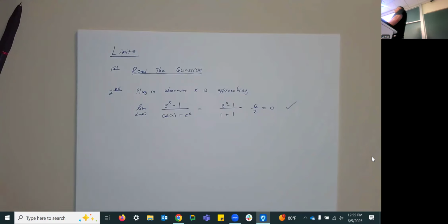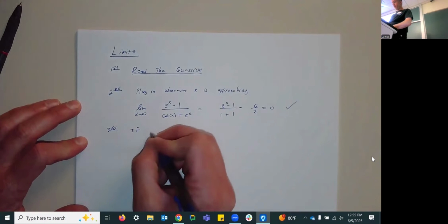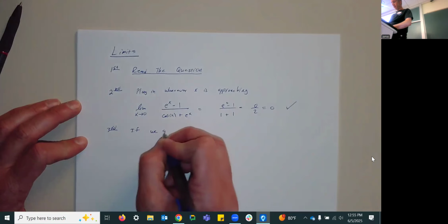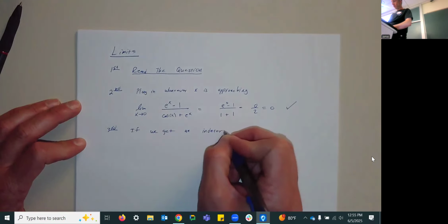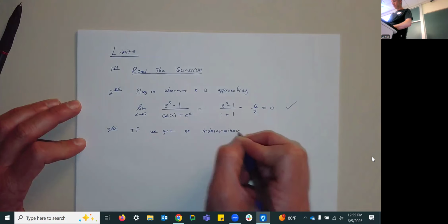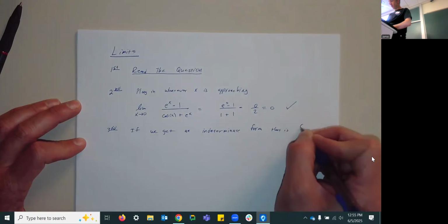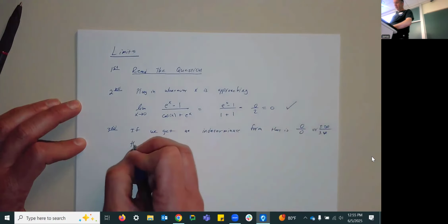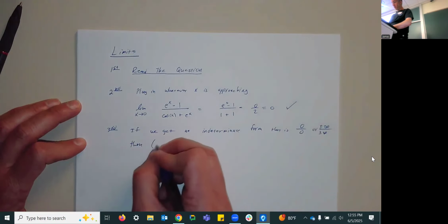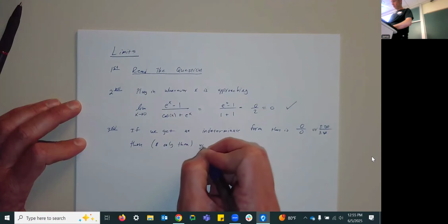And then if we get an indeterminate form of the right type, that is either 0 over 0 or some type of infinity over some type of infinity, then and only then you can use L'Hopital's rule.